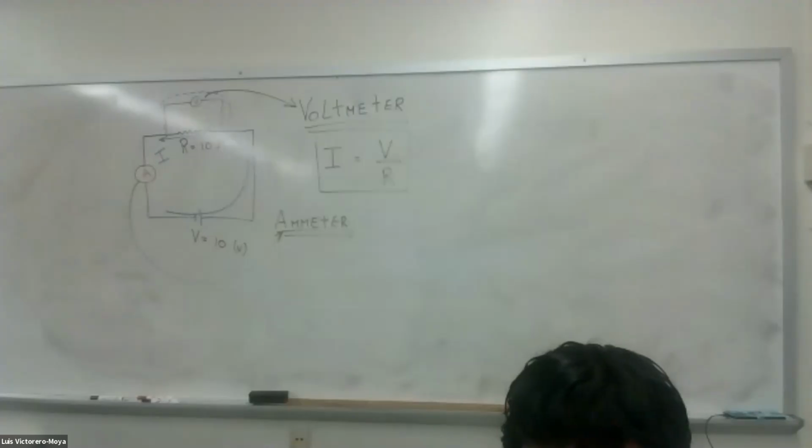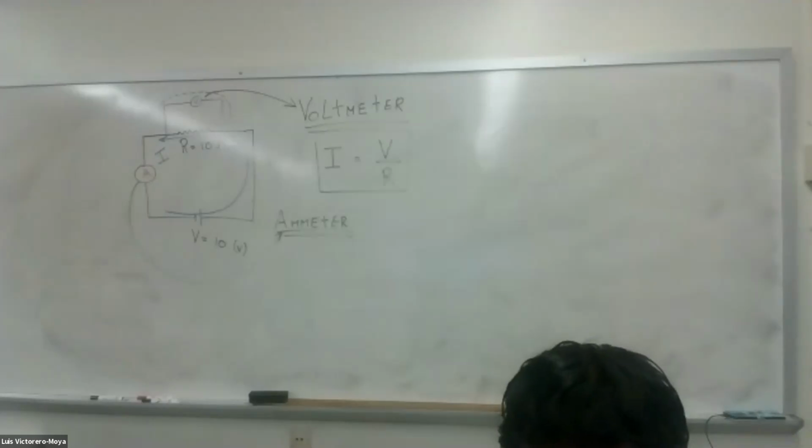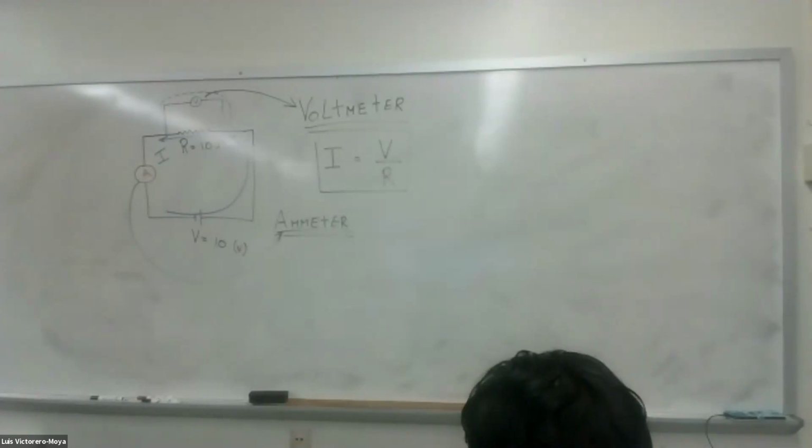There are a couple of videos I posted yesterday regarding resistivity and circuits. I will be going over voltmeter and ammeter right now because that's going to be useful for the second lab. If you have any questions about resistivity, I will also be doing a few examples, a revision of the concept and the equation for resistivity.